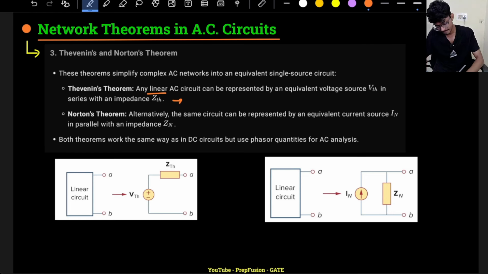Also keep in mind, these theorems are only valid for single frequency components.